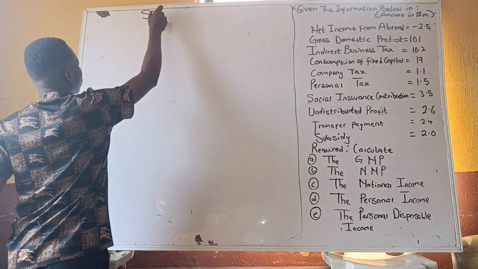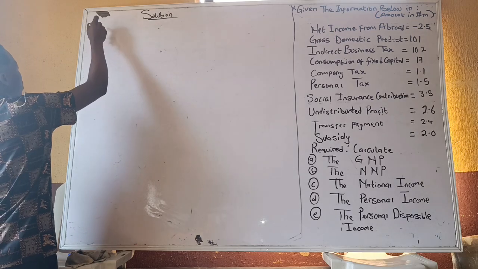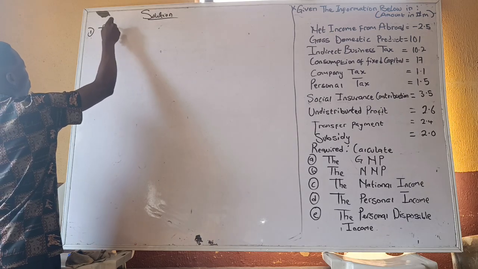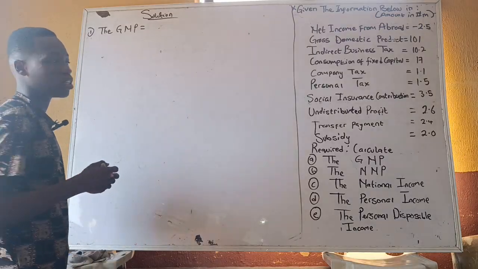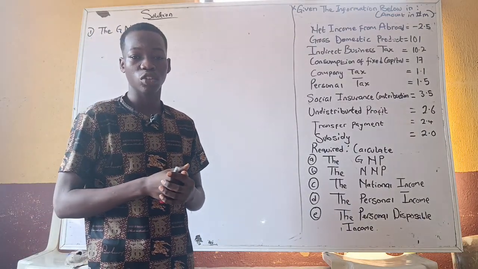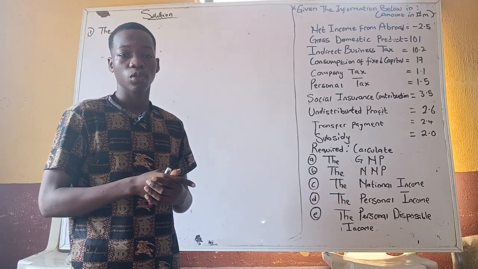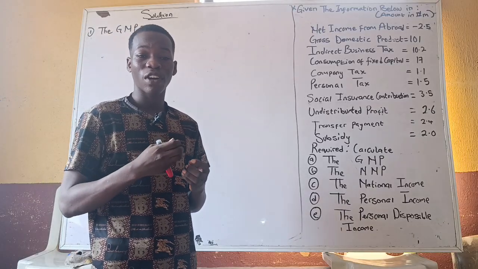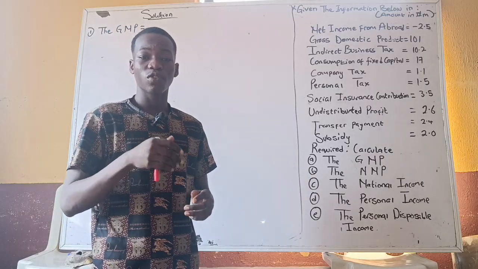Solution. The first one is the GNP. And we know what GNP means, gross national product. When we talk about gross national product, it is the total income or total output in monetary value that is produced by nationals of the country.